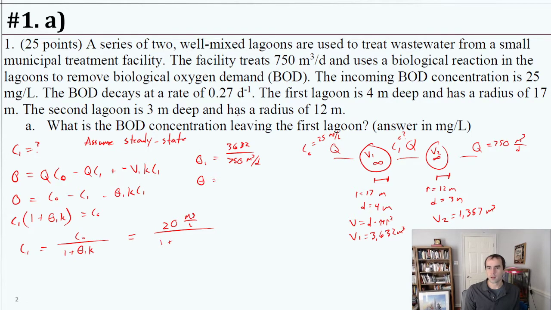That's good because our rate constant is in per days as well. So if we solve this for theta 1, that's going to be 4.84 days. While we're at it, we can go ahead and do the same thing, solve for theta 2. We don't need it just yet, but just to have it on hand, that turns out to be 1.81 days.